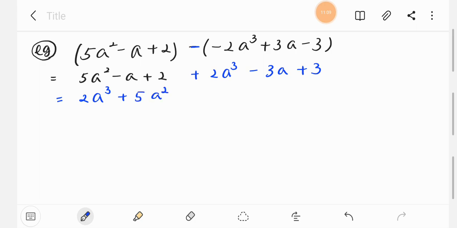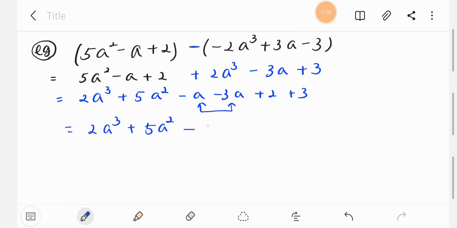Then the a terms: there are two of them, negative a and negative 3a, so we combine these two. The constants are 2 and 3. The first two terms are standalone, there's only one of each. The a terms give negative 4a, and 2 plus 3 is 5.